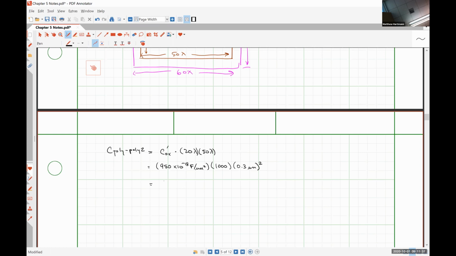Oh, I don't need to do the times 10 to the minus 6 because it's per micron. Sorry, that's my fault. Alrighty. 85.5 femtofarads.